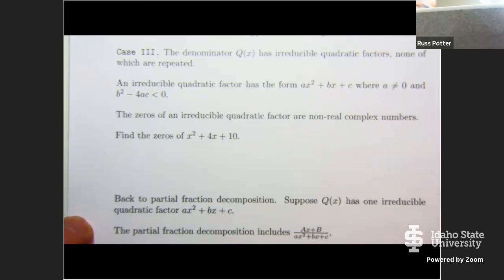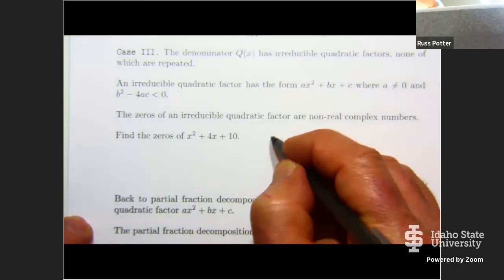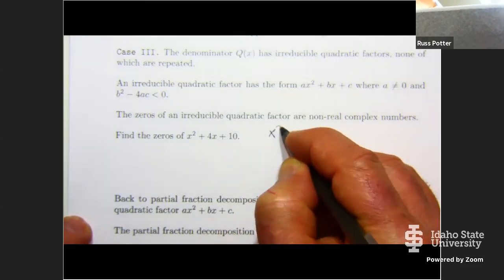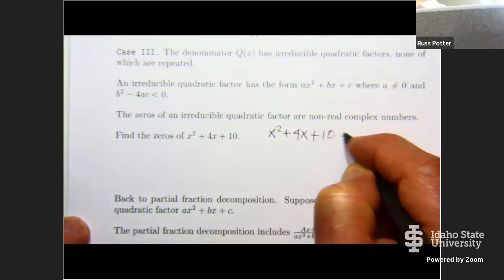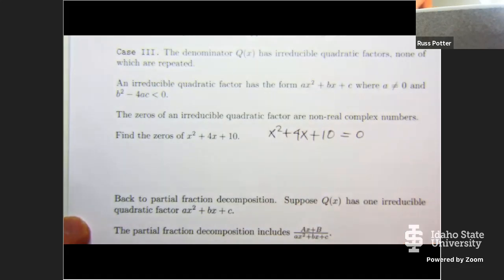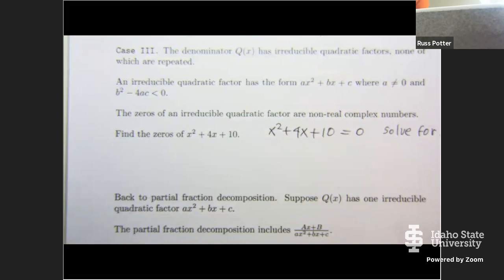The way to find the zeros of a polynomial is to set the polynomial equal to 0 and then solve for x. The solutions are the zeros. We can use the quadratic formula to solve this for x. We can also solve it by completing the square.